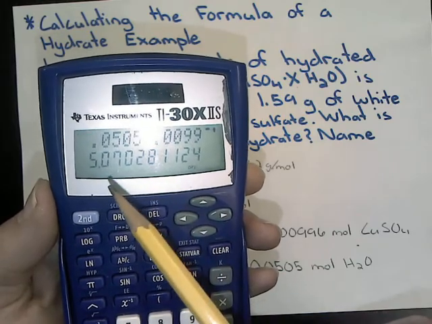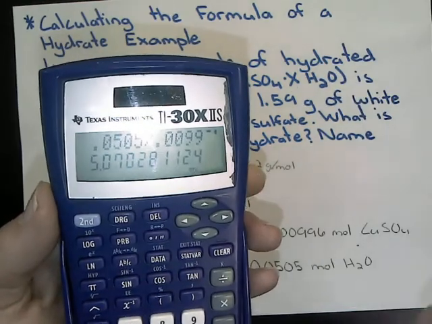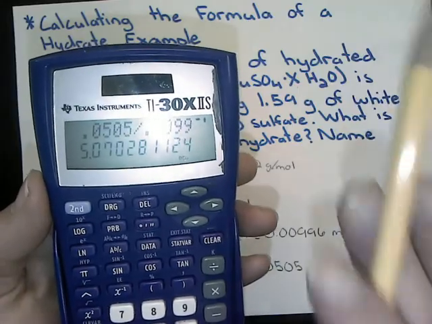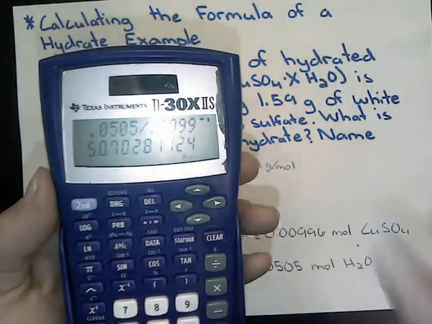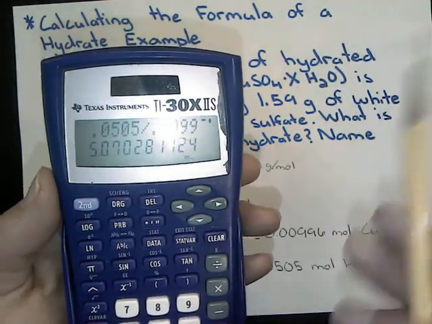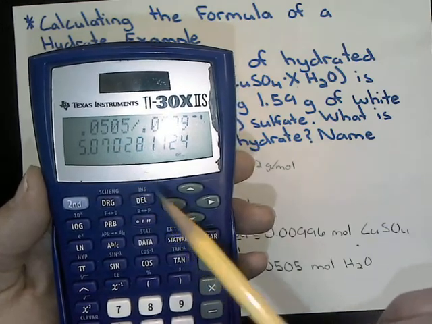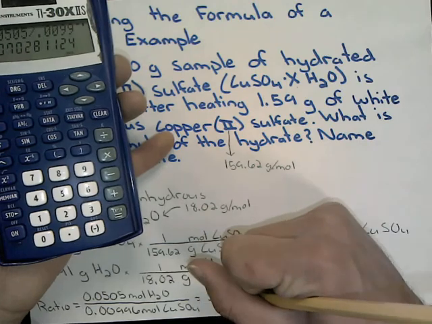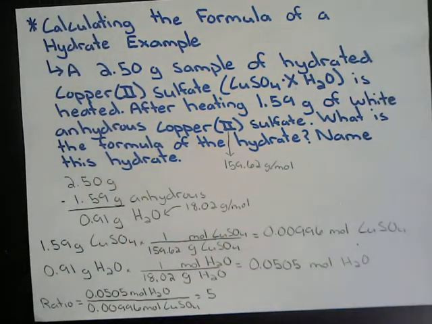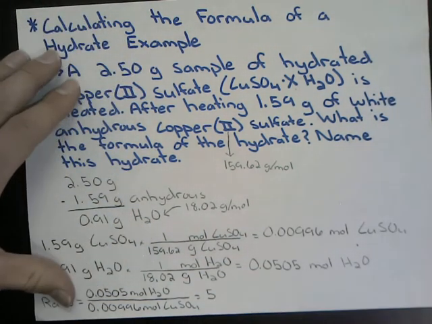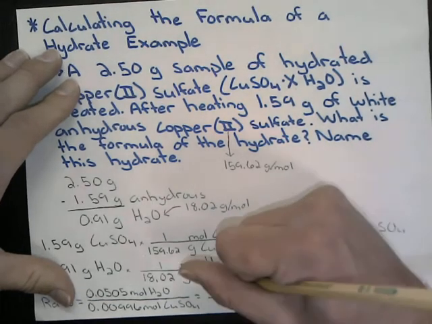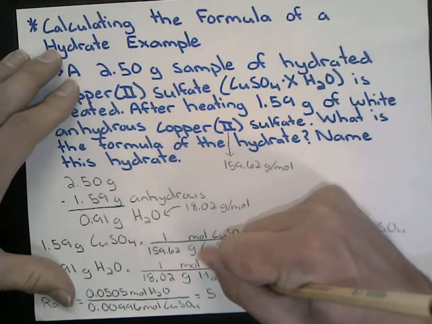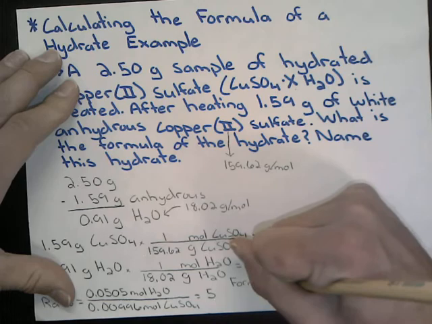very close to 5. And it's probably because of how we rounded it. For this problem, again, I'm going to emphasize that, for this problem, we can round that to 5, okay? So that means there are 5 H2Os in our formula, okay? So to answer the question, hey, what is the formula? Well, the formula is going to be the same.